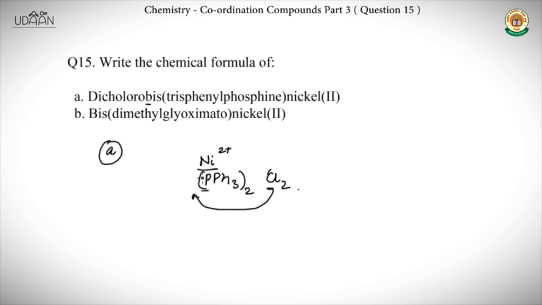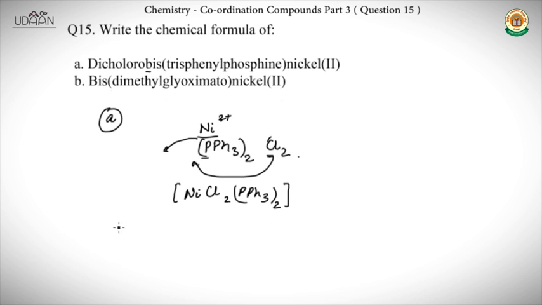And we know that the metal always comes first in the coordination entity. So NiCl2(PPh3)2. This will be the answer. And because it is Cl2 and Ni is 2+ and PPh3 is uncharged, we directly know that this will be an uncharged entity, because the charge is balanced by itself.